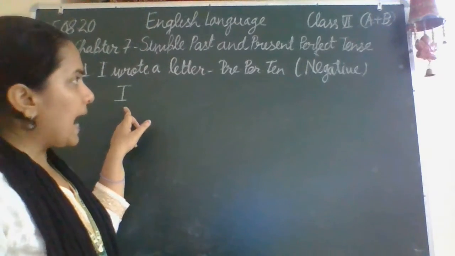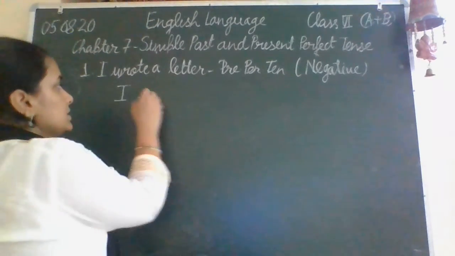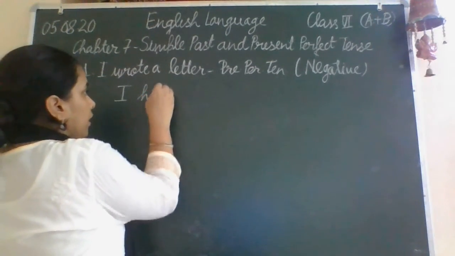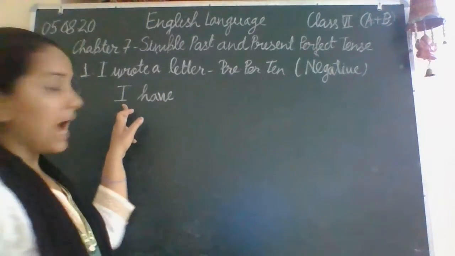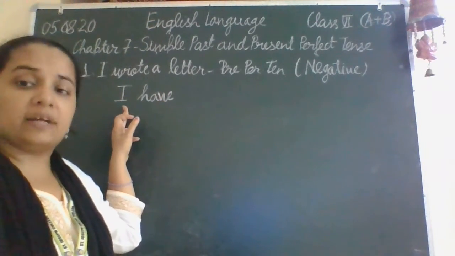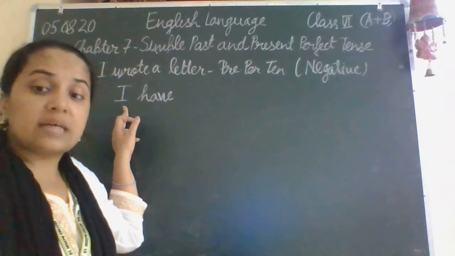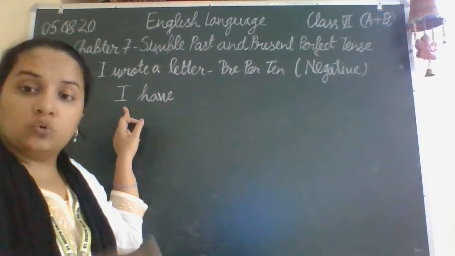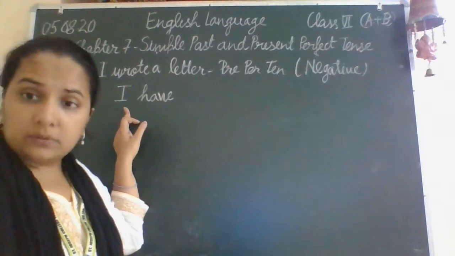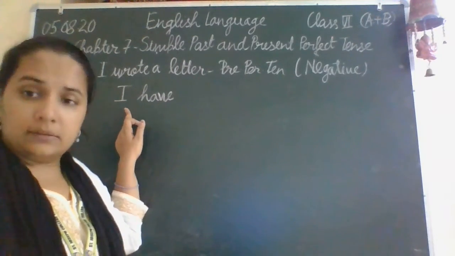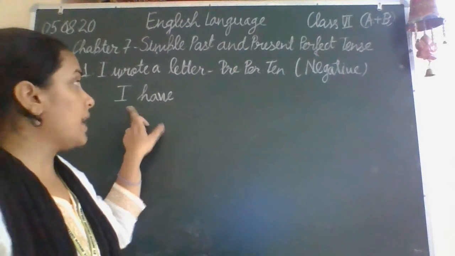So with the I here, we will use have. Because with the I, although I is singular, we use have with the I. We will not use has. I and you both are the pronouns and both are singular. Even then we will use have.